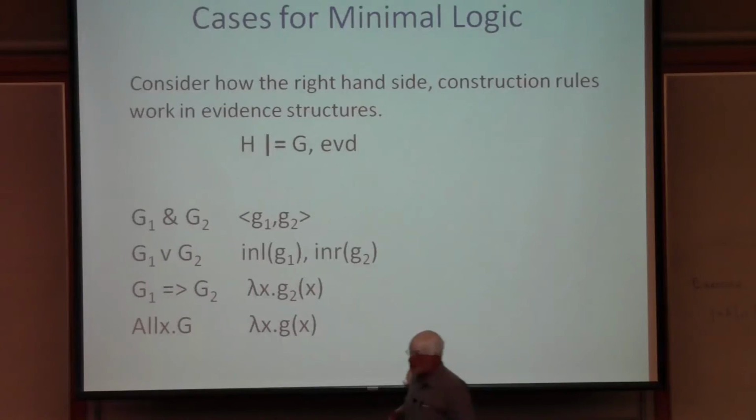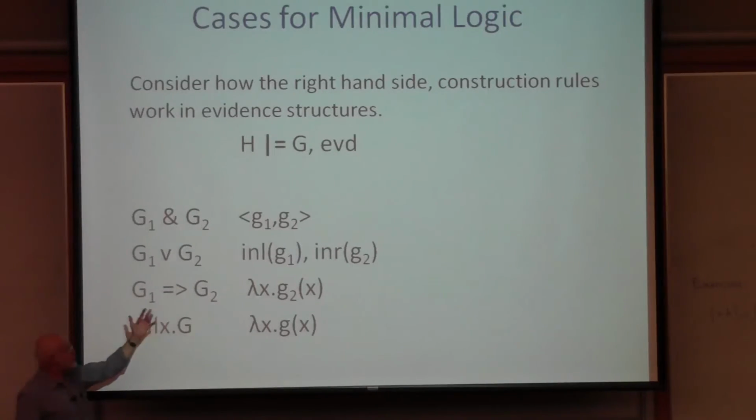And you look at the options you've got and you say, okay, if the goal is G1 and G2, then I know I'm going to have to get a pair, and I'll just split this into show G1 is in capital G1, G2 is in capital G2, and go recursively. That looks great. G1 or G2. What's going to happen? The evidence has to be either in left G1, or in right G2.